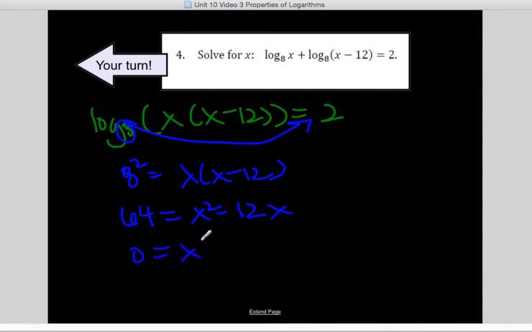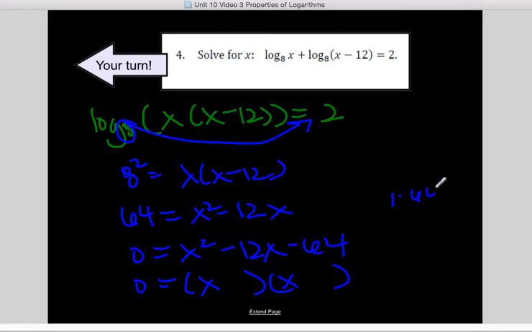And if I subtract the 64, I have x squared minus 12x minus 64. Then I would factor: what multiplies to negative 64, but adds to negative 12? This one takes a little bit of thinking. 1 times 64 isn't going to work. Then it'd be 2 times 32. That doesn't work. 64 is not evenly divisible by 3.